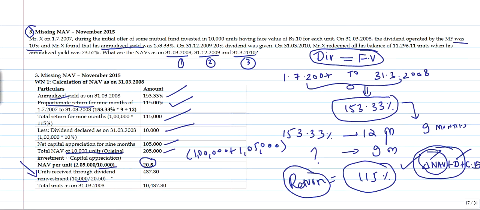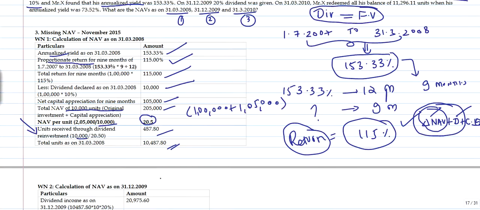We will get the units by dividing by the NAV, we get the number of units on dividend 487.8. So we had 10,000 units before plus 487.8. This is the total units. Even though it is not asked, it is required for the calculation of NAV for the next year.